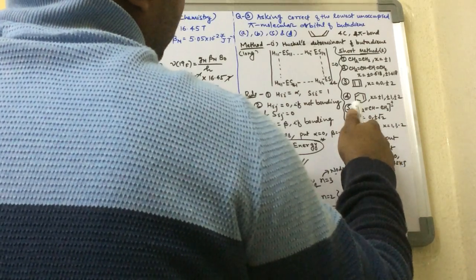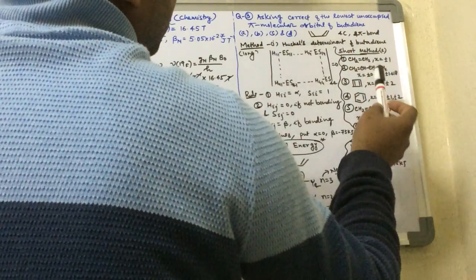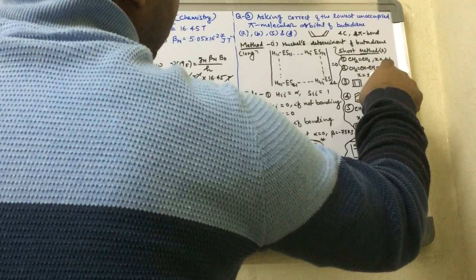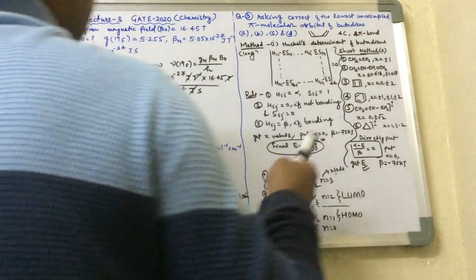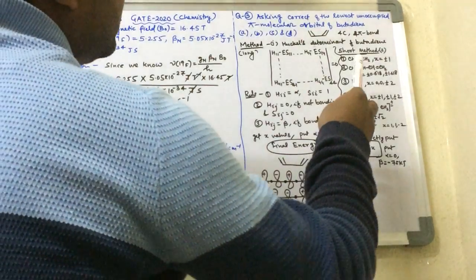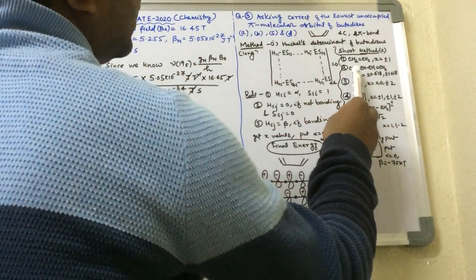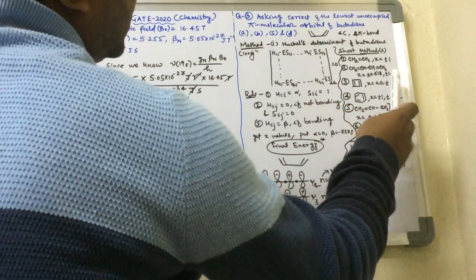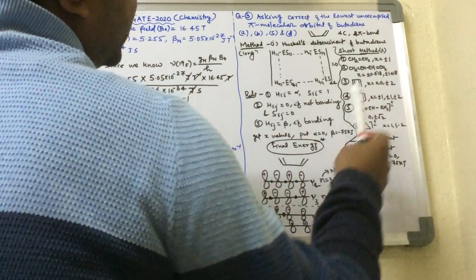So here I have written the short method. For ethene the x values are plus 1 and minus 1. For butadiene, there are 4 x values, because the number of x values depends on how many carbons are present. Here the x values for butadiene are plus minus 0.618 and plus minus 1.618.